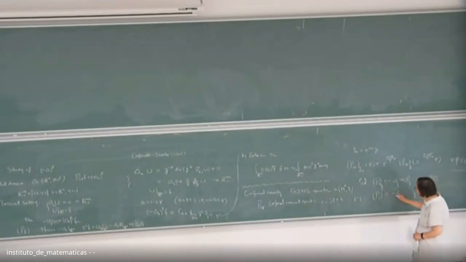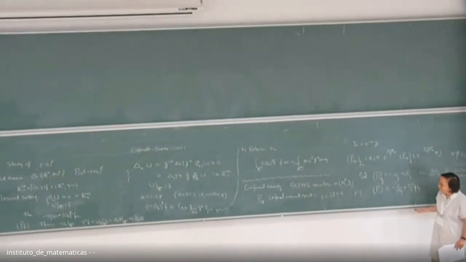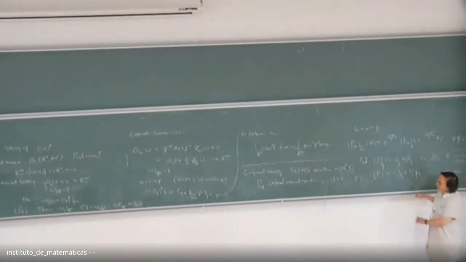So it is minus the normal derivative, plus another constant, n minus 1 over 2, times H_g. Here R is the scalar curvature and H is the mean curvature. So these are the special cases when gamma equals 1 and when gamma equals 1/2.